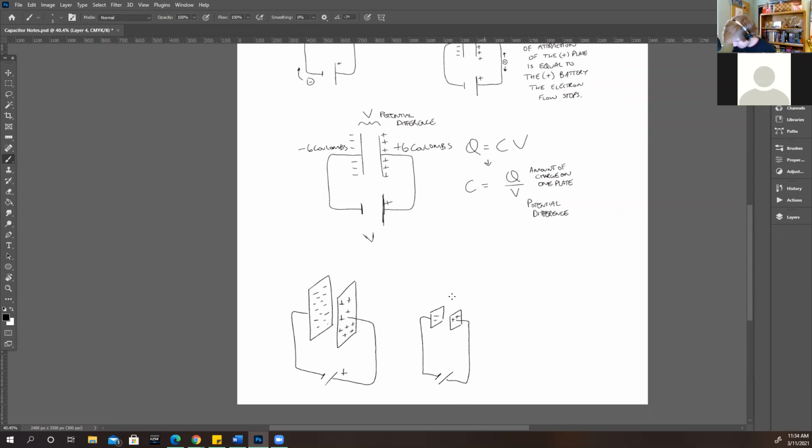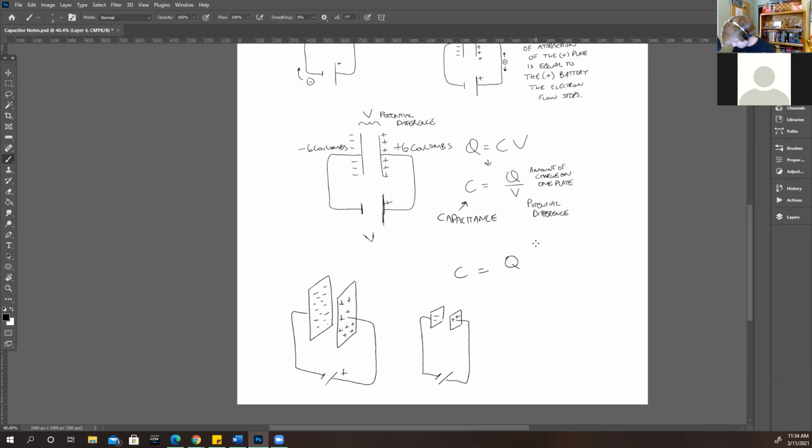So what we see is a relationship with C, capacitance. I should have written capacitance. Capacitance is a capacitor's ability to hold on to charge. So how well can it store charge? How does that change when we look at these two examples?